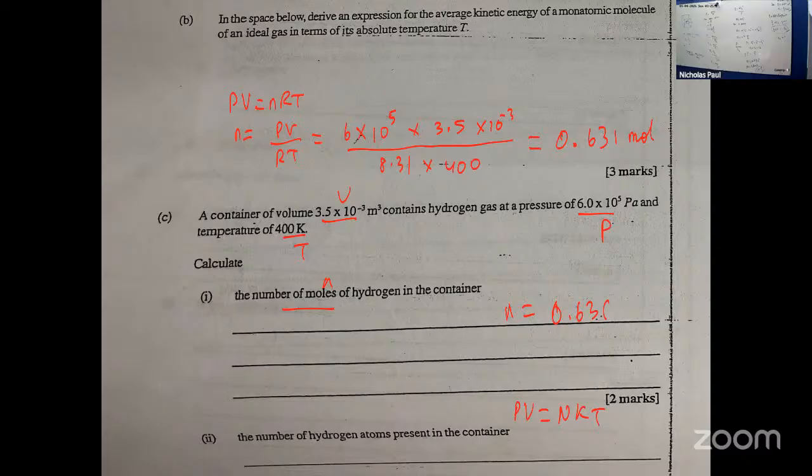Find N, the number of particles. PV over kT.